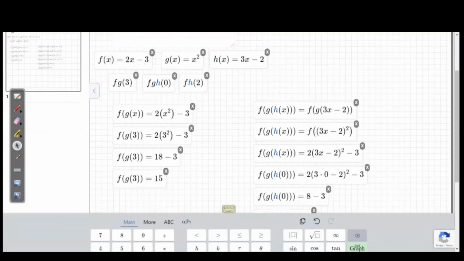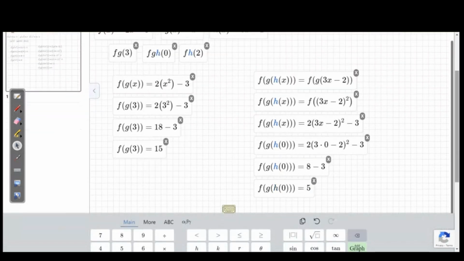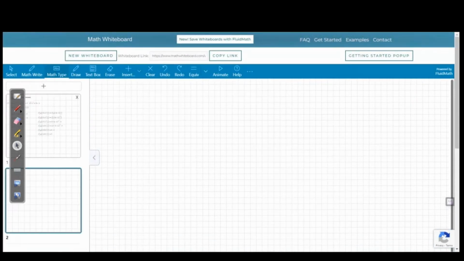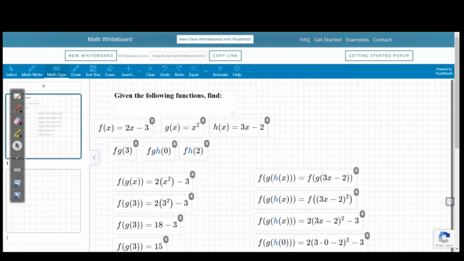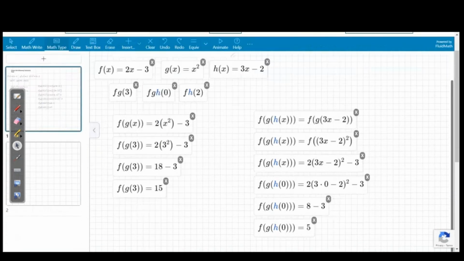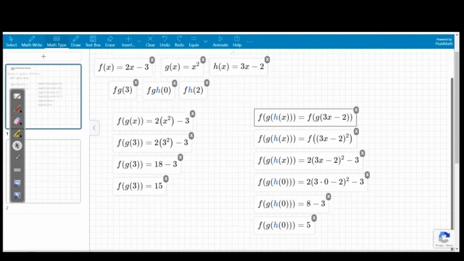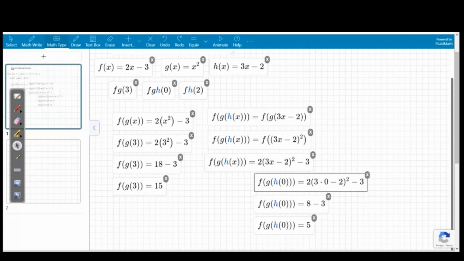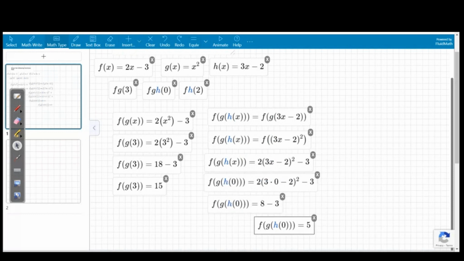Okay. Now we could look at the last one, which has to do with f of h of 2. So let me shift these ones here and make space for that particular one.